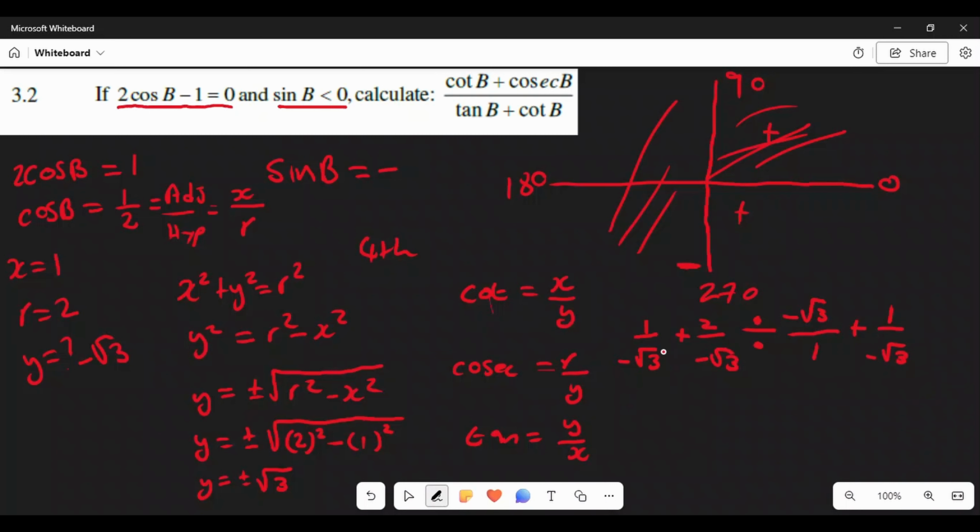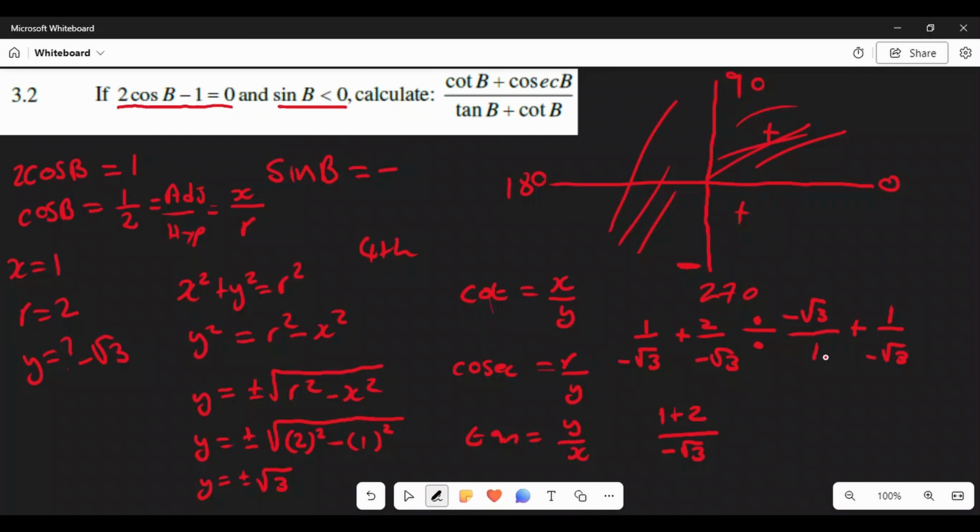So as you can see, now it's time for us to simplify this. Since the denominators are the same, we will add the numerators. So we're going to have 1 plus 2, which is going to be 3, and then we have our root 3.